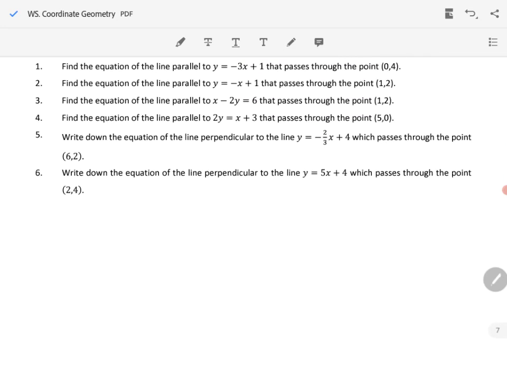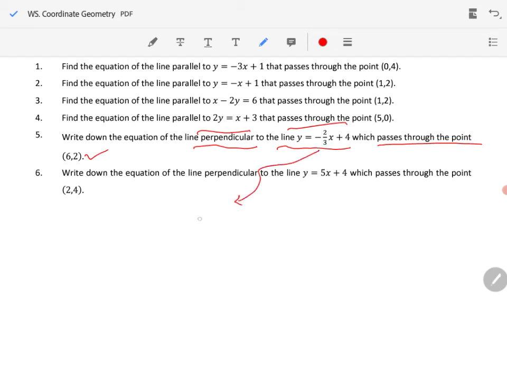Look at number 5. Write down the equation of the line perpendicular to the line y, like this, which passes through the point. Because it is perpendicular, we have to find what m is. The gradient is -2/3, times m will be equal to -1.